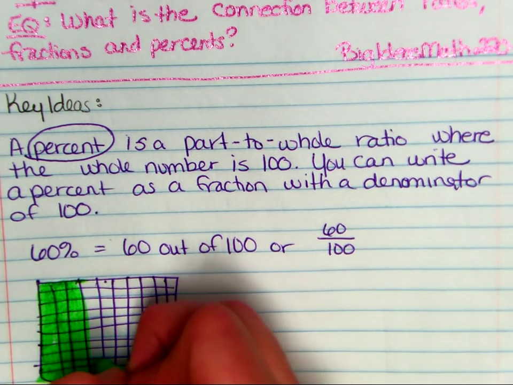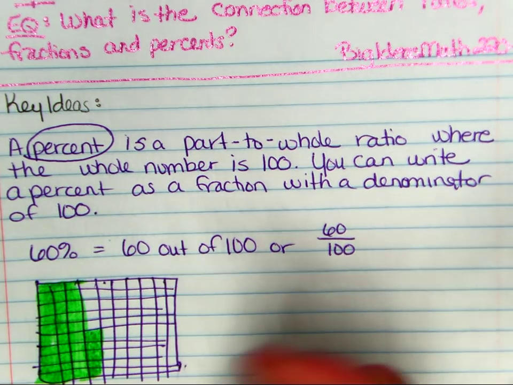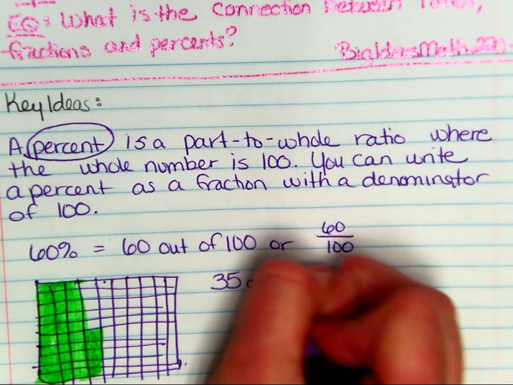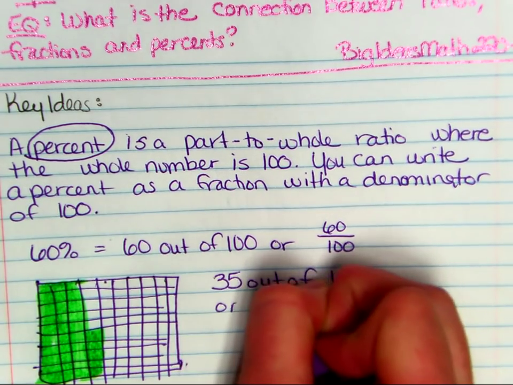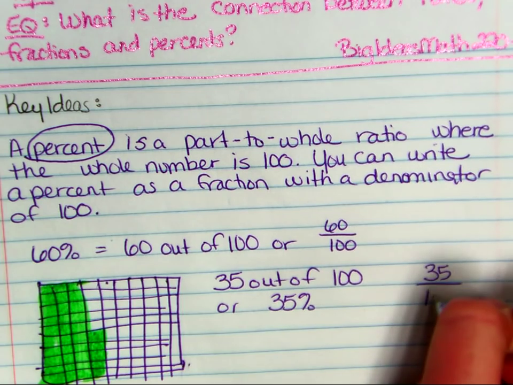So 1, 2, 3, 4, 5, and that signifies that I have 35 out of 100 or 35%. So it looks like this, 35 over 100.